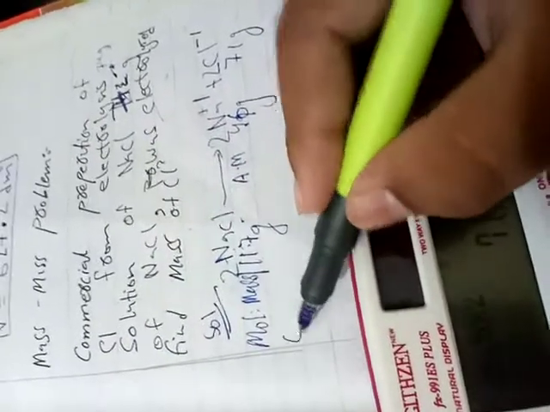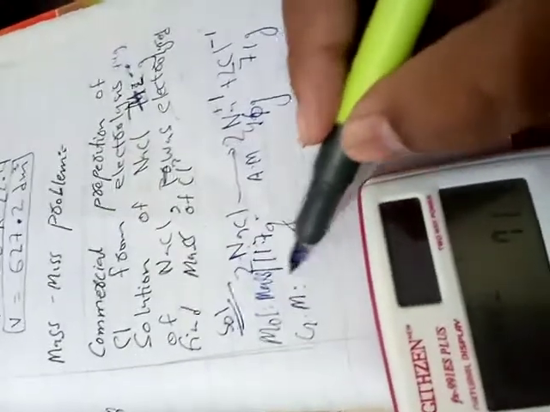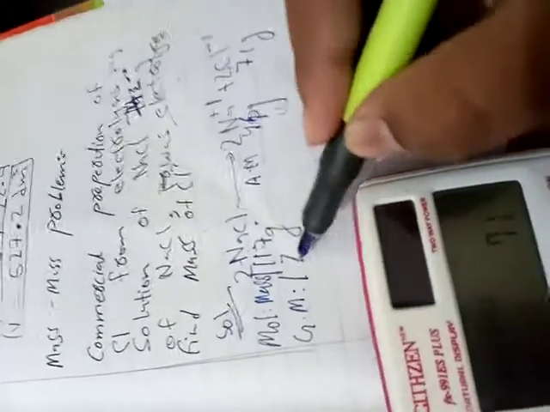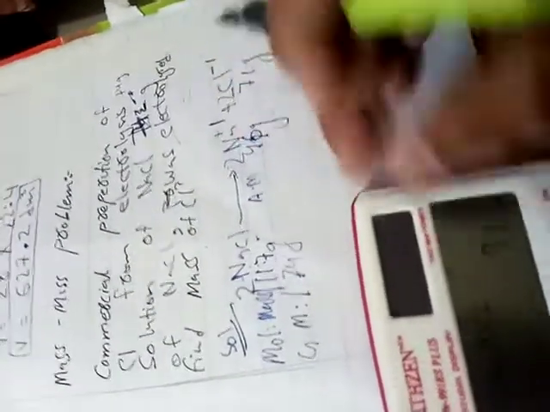Now if we want to find the mass of chlorine which was prepared, let's first look at the given mass. The given mass is 74 gram.